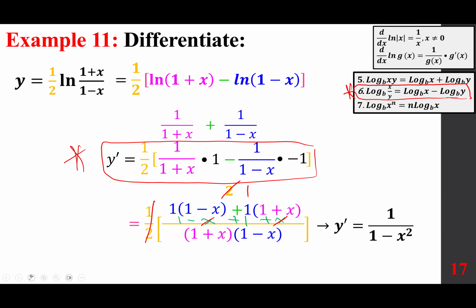Again, let me just quickly write that. A plus b times a minus b is a squared minus b squared, which means 1 squared is 1 minus x squared.